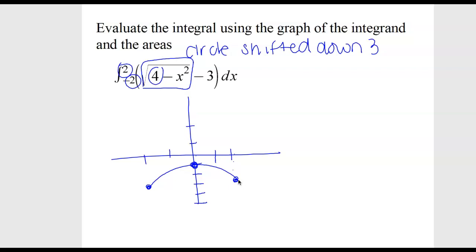So what happens then is that if we're evaluating the integral, we are not finding the area necessarily of the circle. I want to find the area between the circle and the x-axis.